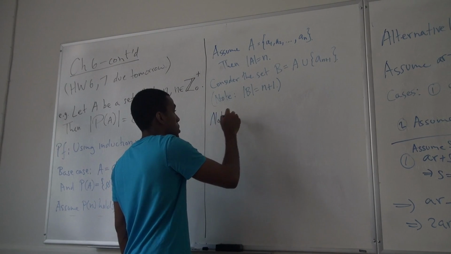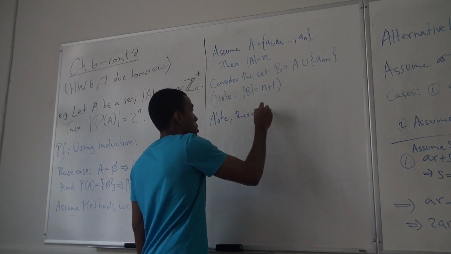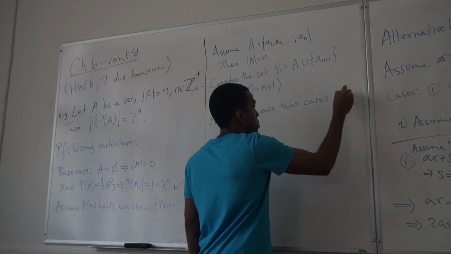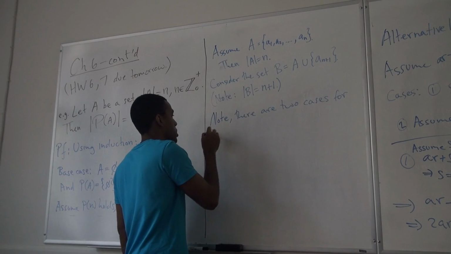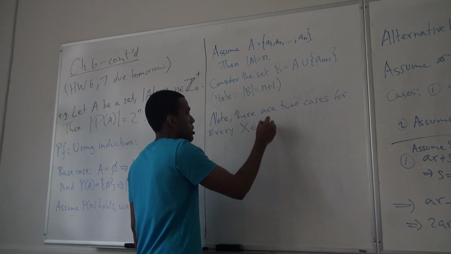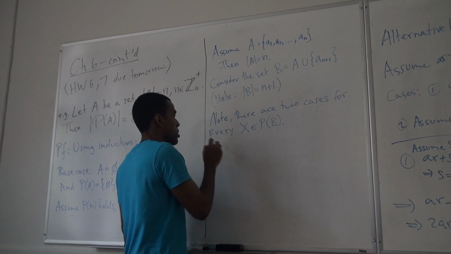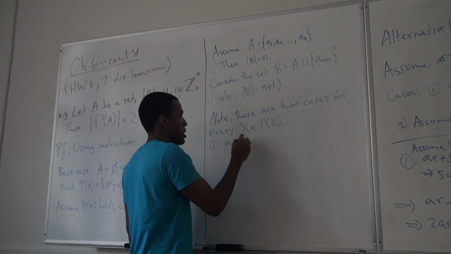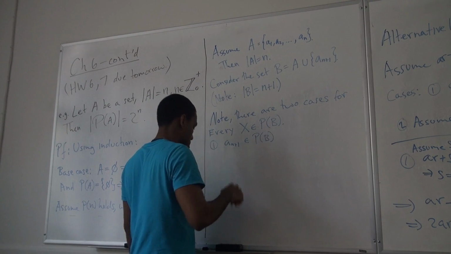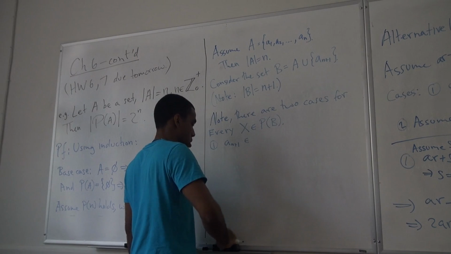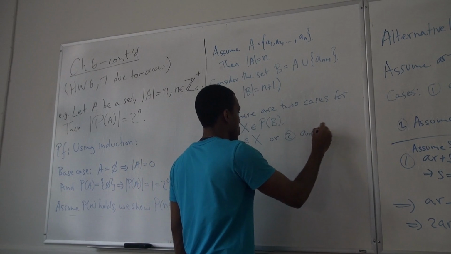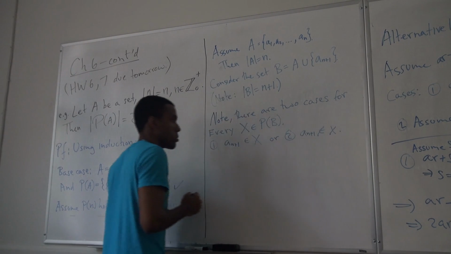Note there are 2 cases for every x in the power set of B. 1, either A sub n plus 1 is an element of x, or 2, A sub n plus 1 is not an element of x.